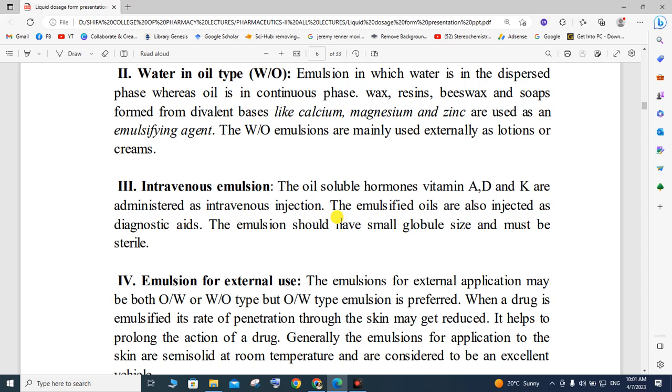The emulsified oils are also injected as diagnostic aids, and the emulsion should have a small globule size and must be sterile, free from pyrogen and free from microbial growth.